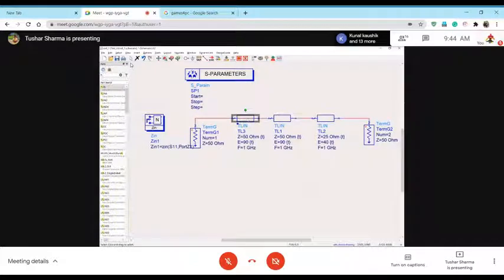I change this to 75, and this length I change to 25. So three impedances: 75, 50, 25. Now, say I understood what my circuit is.